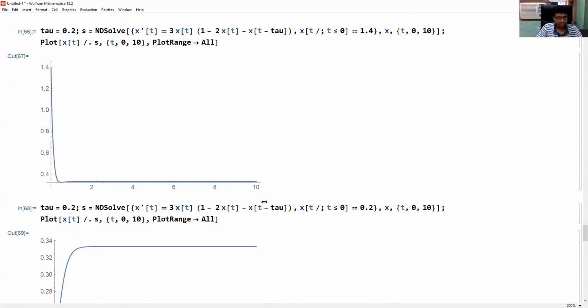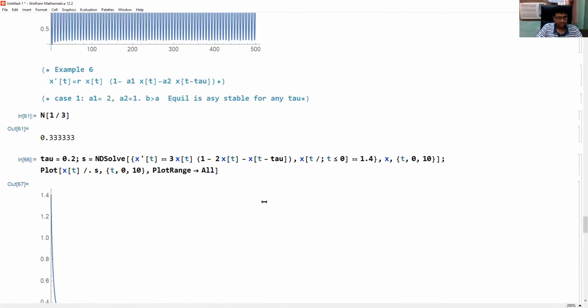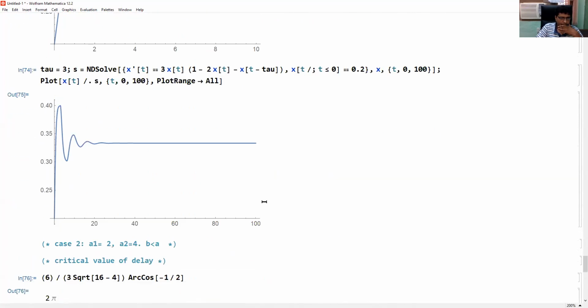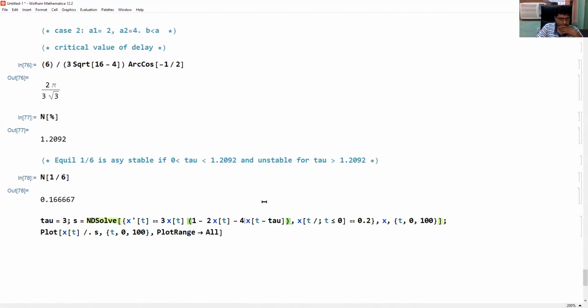Everything else is the same. Now let us take initial condition in the neighborhood of this. Say equilibrium is 0.16, so I'm taking 0.2 as initial condition. So the system is stable if tau is between 0 and 1.209.